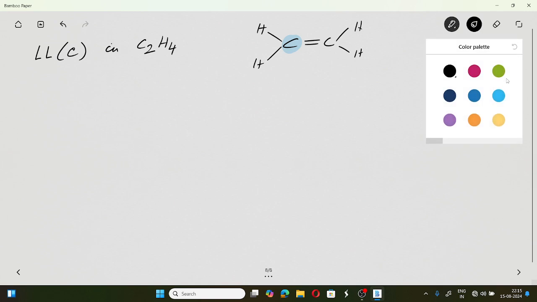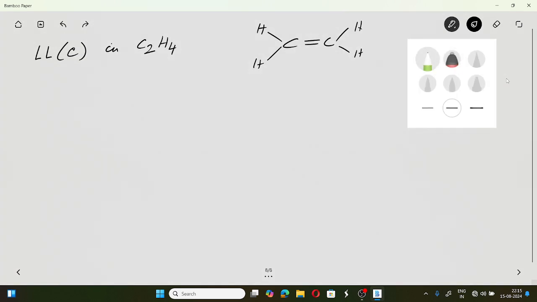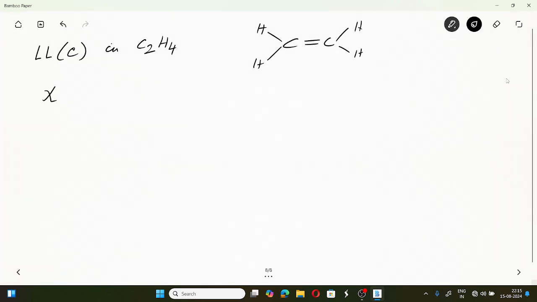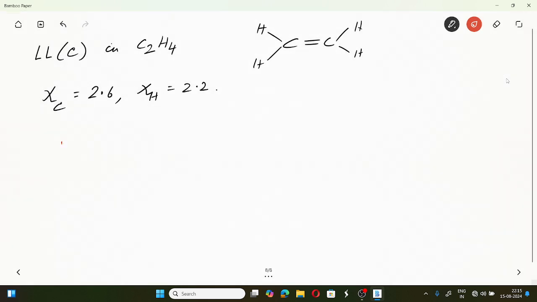So how to proceed? We need to give you the electronegativity of carbon, it is 2.6. Electronegativity of hydrogen has to be supplied, 2.2. So how to calculate? The Lewis-Langmuir formal charge over carbon is given by the number of outer electrons over carbon minus the number of lone pairs over carbon.